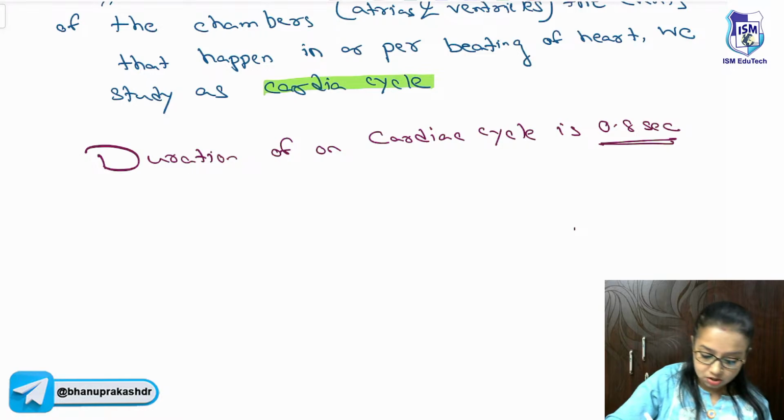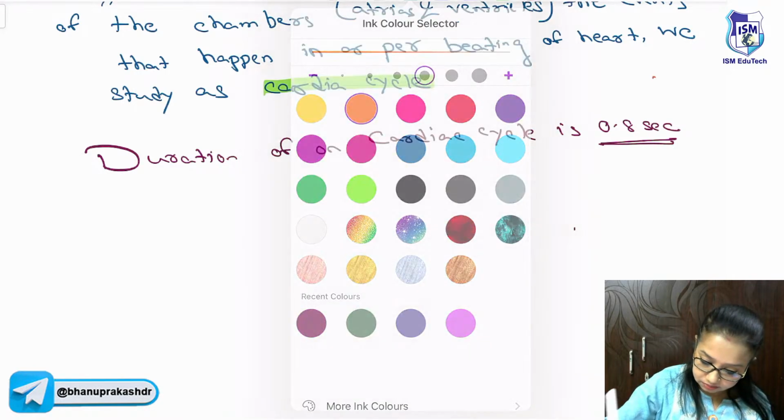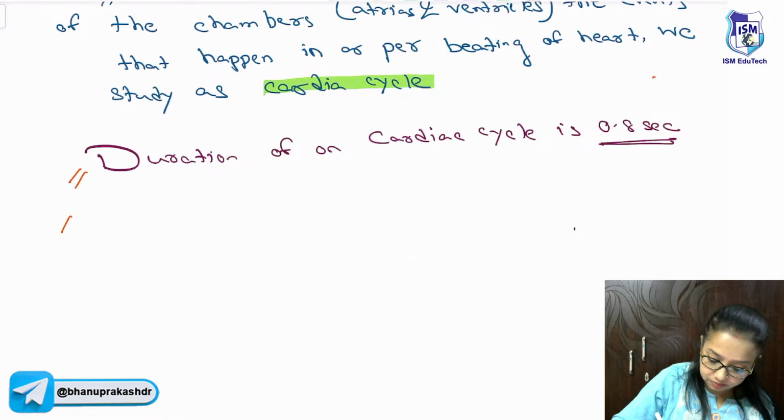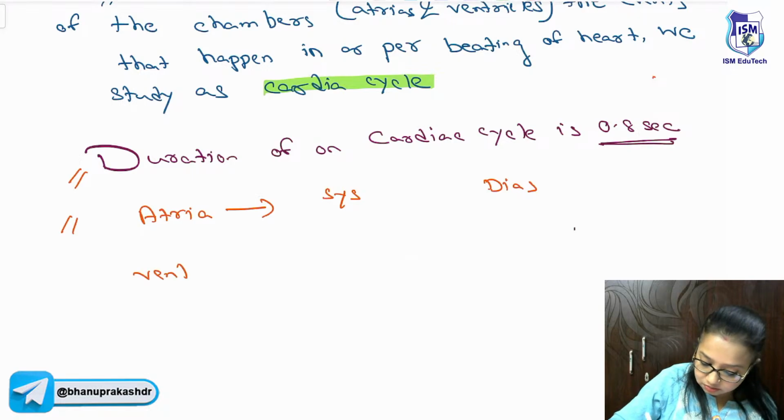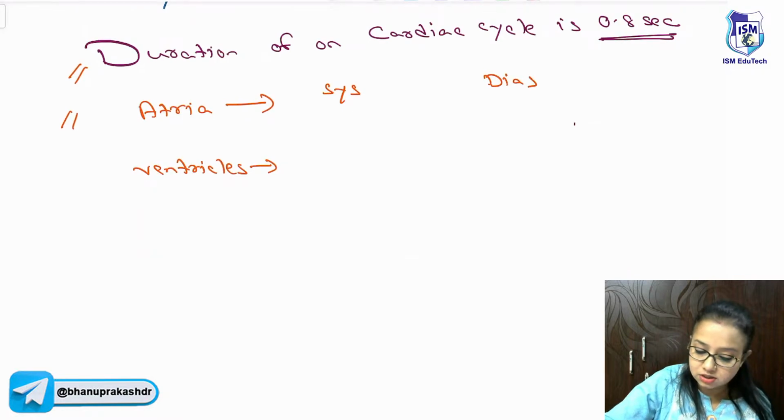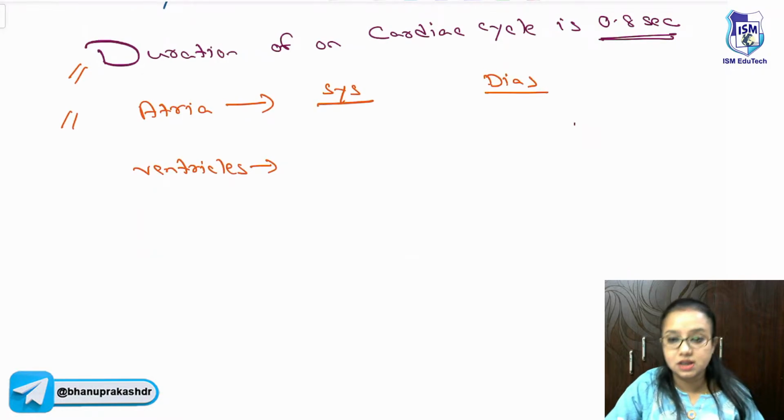This is how long a cardiac cycle is. Here, atria show systole and diastole. The ventricles also show systole and diastole.